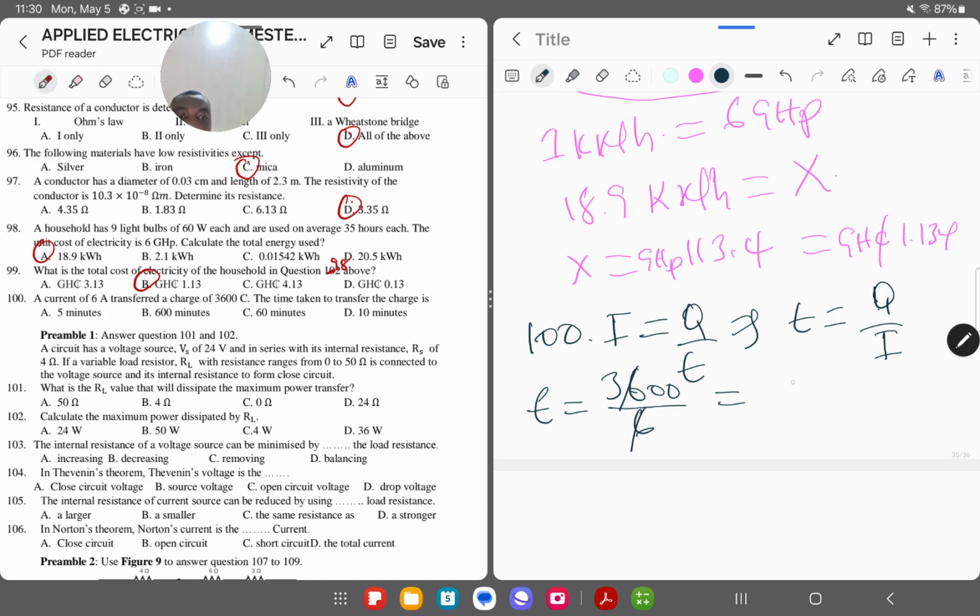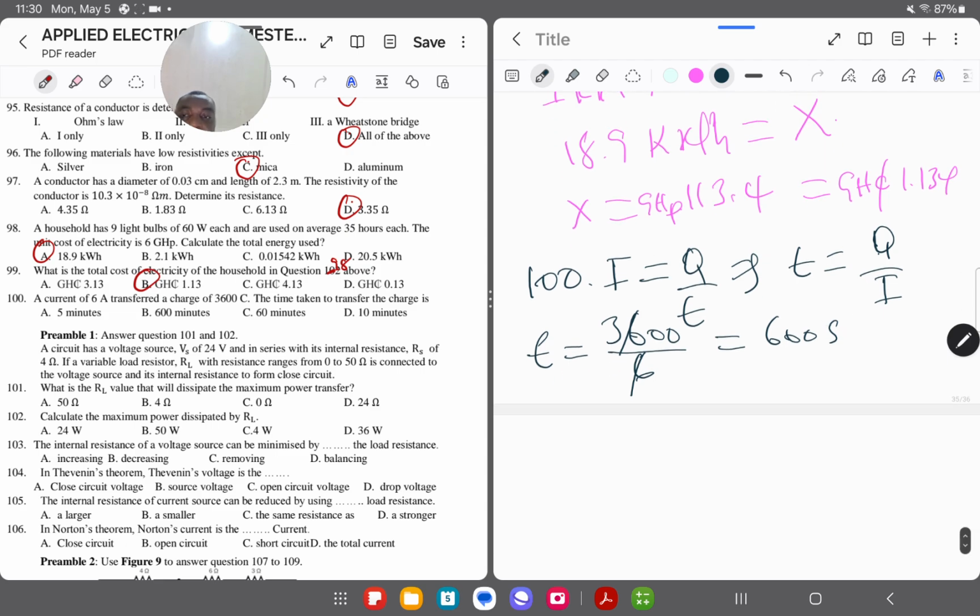So here it will be what? 600 seconds. So if you change 600 seconds to minutes, what do we get? Meaning to get this to minutes, you divide by what? 60 seconds, right?